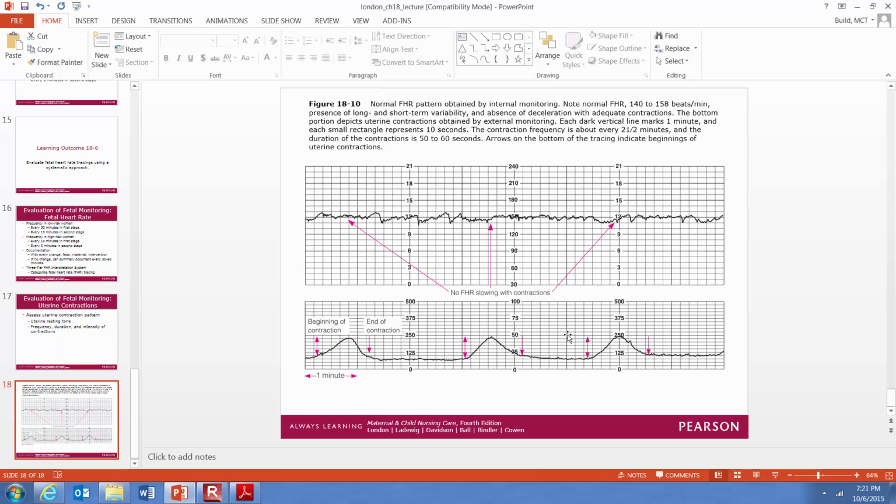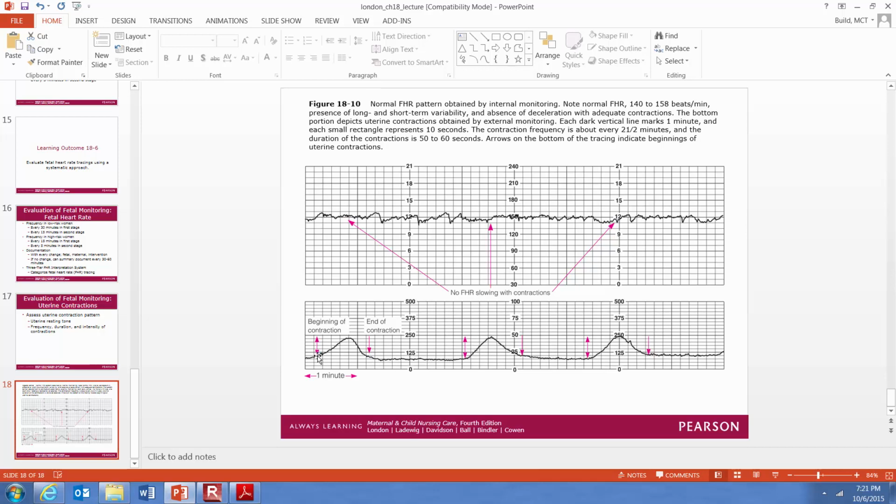Okay? 1 minute of time is passing as this paper is feeding through the machine from one dark line to one dark line. So these little blocks in between the dark lines are 10 seconds. So you can count those and see that there is indeed 10 seconds, 10 seconds, 10 seconds. Now we have a minute.